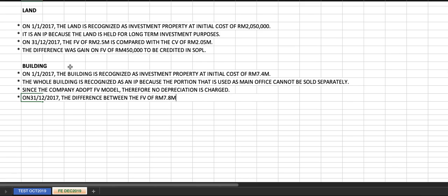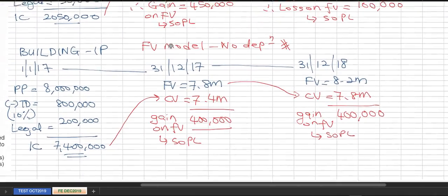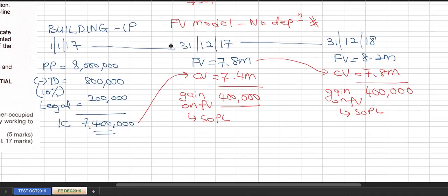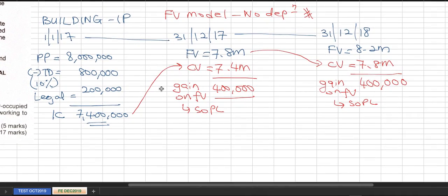The difference between the fair value of 7.8 million and the carrying value of RM 7.4 million is a gain on fair value of RM 400,000 to be credited into SOPL. So this is the timeline. I'm sure that you have drawn the timeline together with me just now, so you can refer to your timeline. This is the one that I mentioned here in the answer.